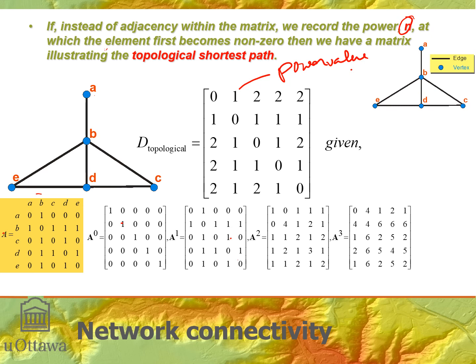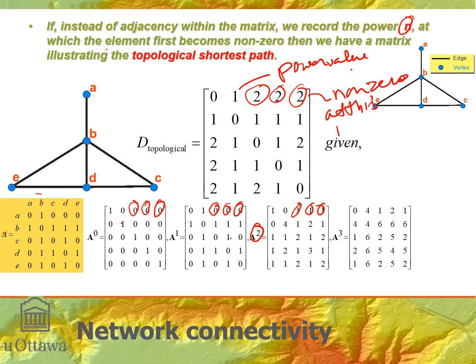Now to the power of 2, and we can see here, for example, which ones have stayed non-zero or which ones have stayed 0. Well, if you look at this one, and this one, just to focus on a couple, those are still 0 at the power of 0 and the power of 1. Then at the power of 2, those become 1s. So they will get a 2 up here because that's the power at which they became non-zero for the first time.